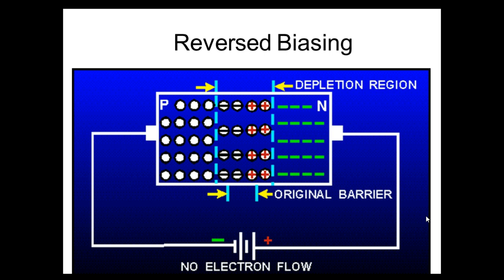Okay, so if the width of the depletion region is increased, then definitely the electrons in the n side cannot reach the p-type semiconductor.